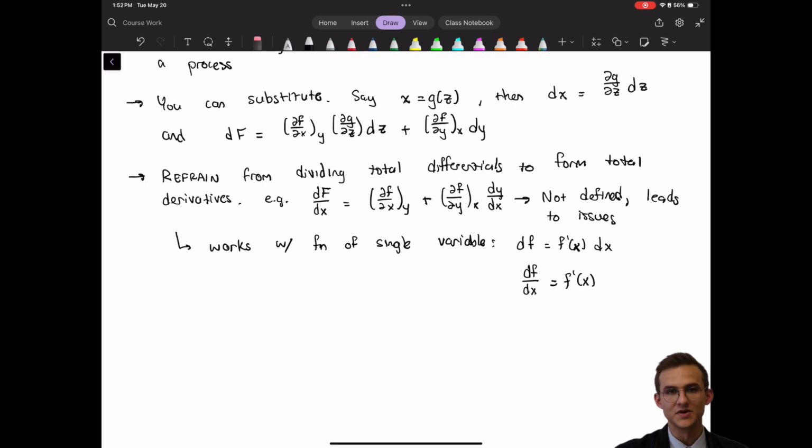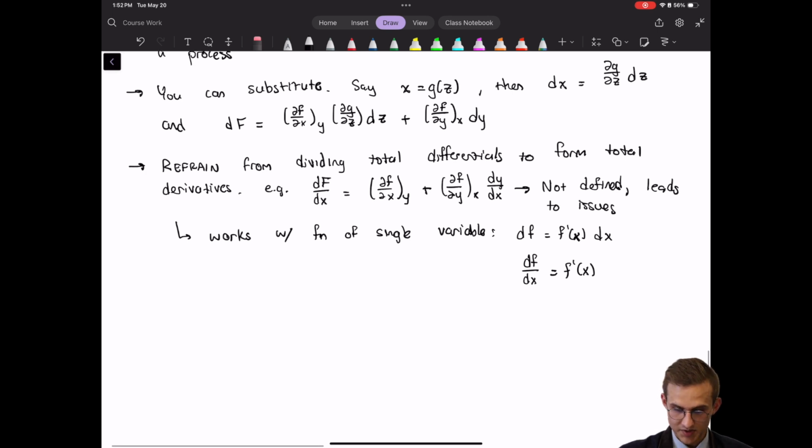So you can move that dx over in the case of a function of a single variable f of x, but that's just because when you write down the definitions, it works out that way. It's not that the total differential objects are meant to be divided by one another in this way. So whenever you have any system with multiple variables going on, do not divide total differentials. It'll cause you some issues and give you some mathematical nonsense.